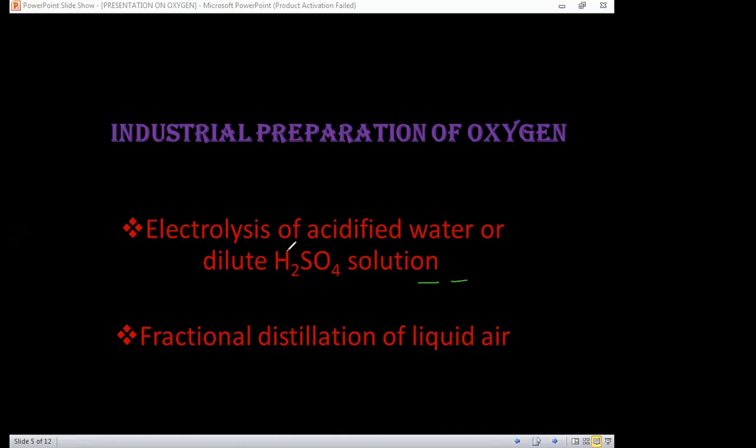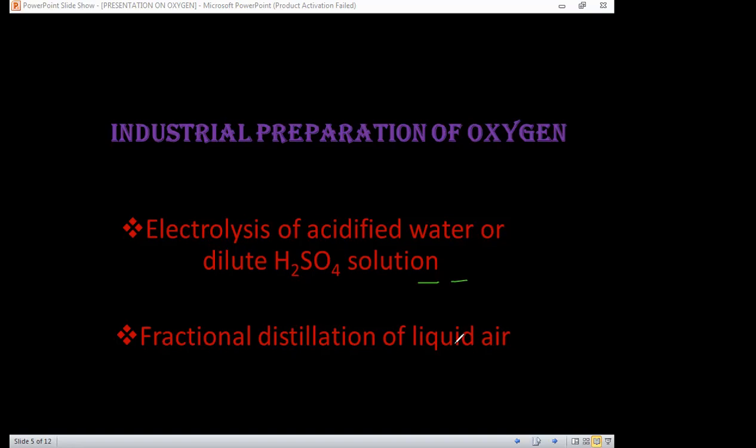Now, apart from electrolysis of acidified water, the second method used in preparing oxygen gas in the industry on a large scale is fractional distillation of liquid air. This method involves two main processes. The first one is liquefaction of the air, where they are trying to convert the gaseous air to liquid air.